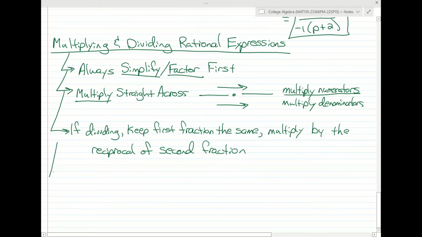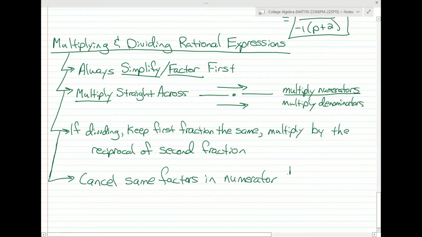And then just to finish this, what we do is we cancel the same factors in the numerator and the denominator.